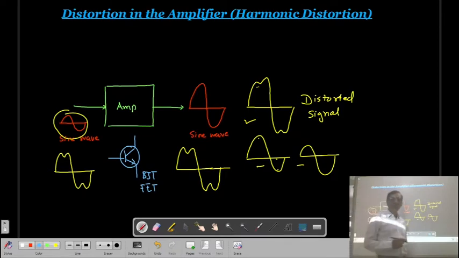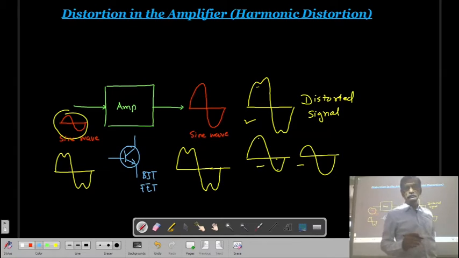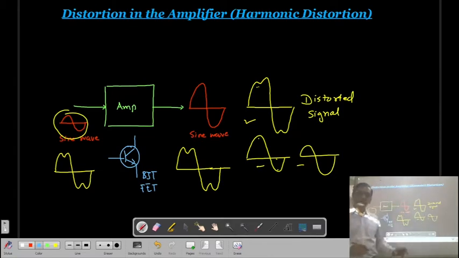Now every active device has non-linear characteristics. Non-linear characteristics means the relation between the current and voltage is not a linear one. So this is one of the reasons, or we can say it is a major contribution, that due to the non-linear characteristics of a transistor, the distortion is going to be introduced.